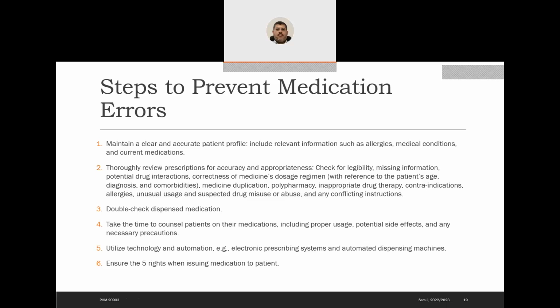And we can see also if there is any interaction between the patient's medical conditions and the new prescription. Okay.